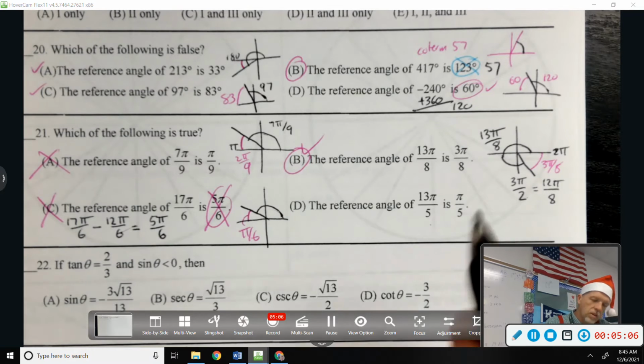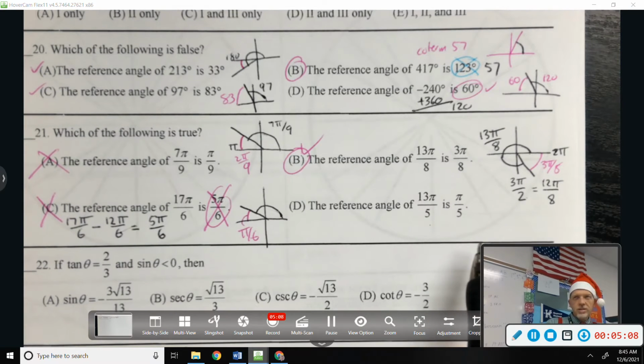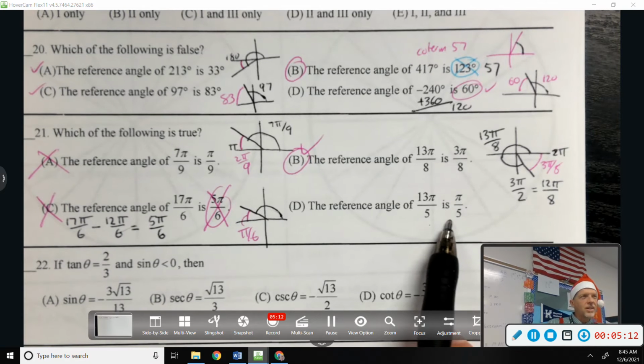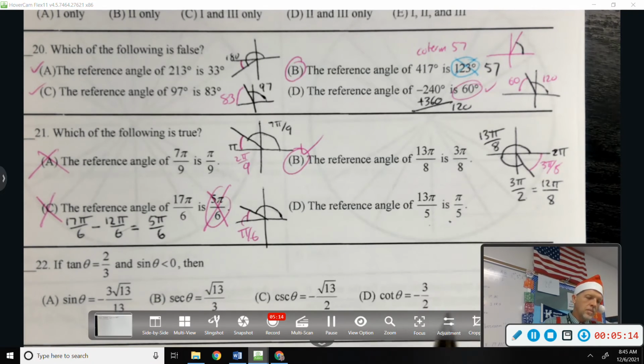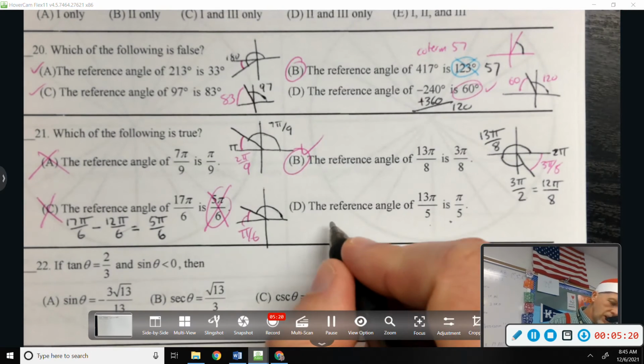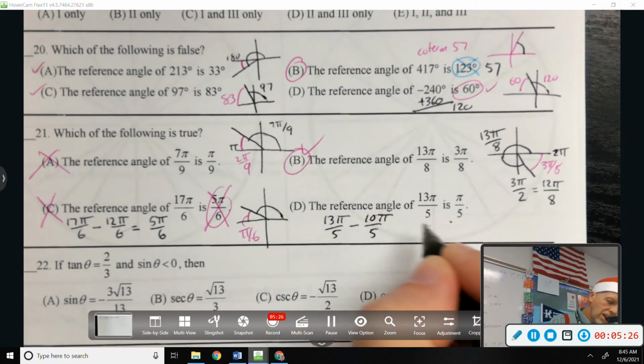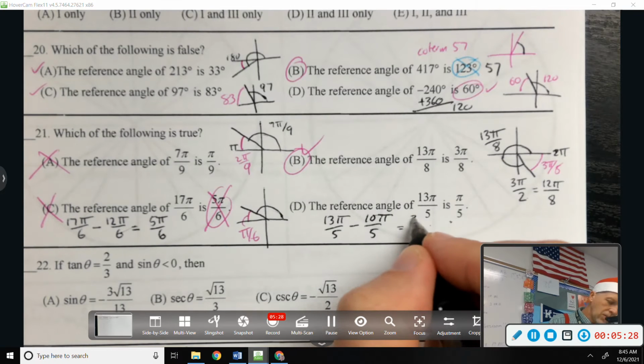Let's see. Do you want to work on D? I mean, we know the answer, but do we need to get more practice with D, or are we good? You just need 2. Could you do that? That's too big. I'm going to subtract 2 pi. So I get 3 pi over 5.